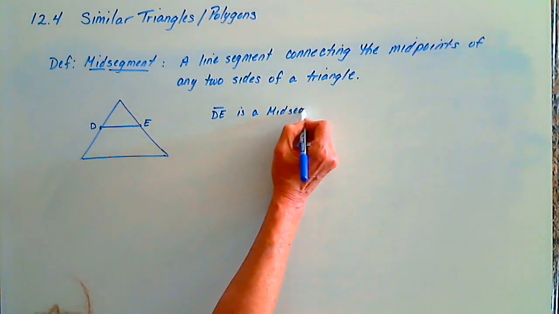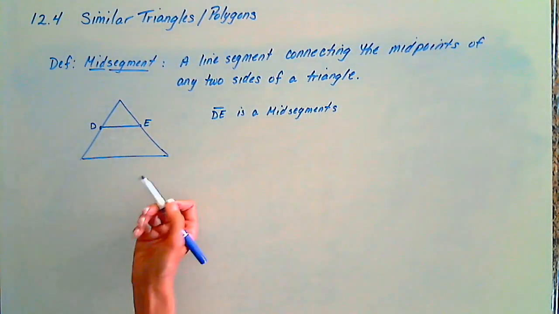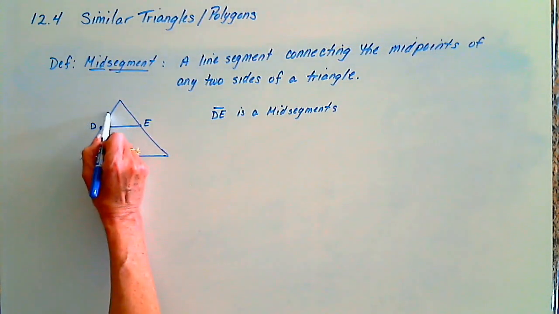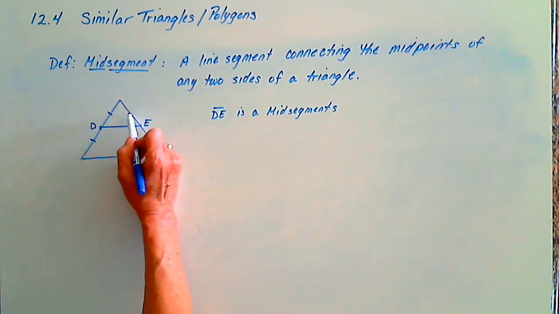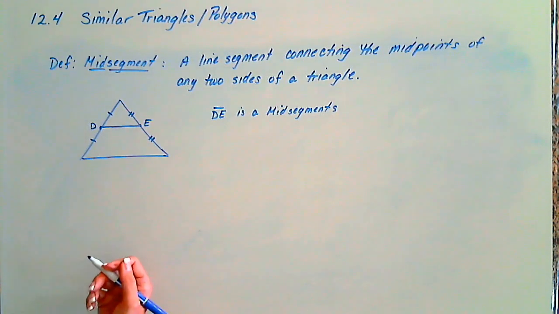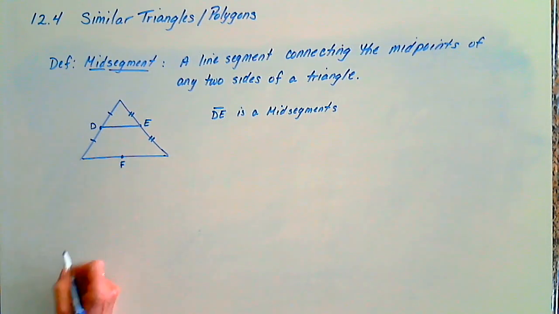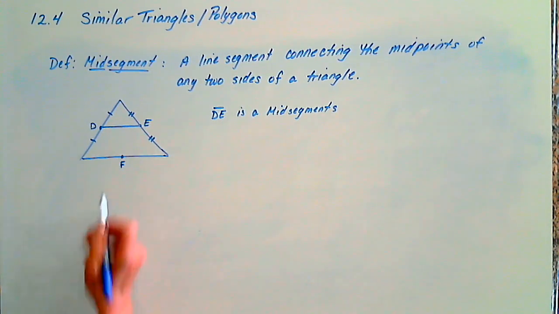How do I know if both of these are midpoints? Well, your picture would either have to tell you that we have two congruent segments, so therefore we know it's the midpoint. Similarly, I could also take point F and make that the midpoint.